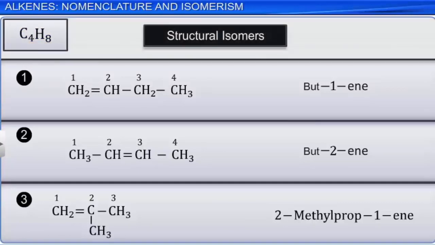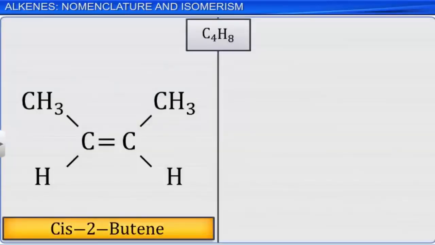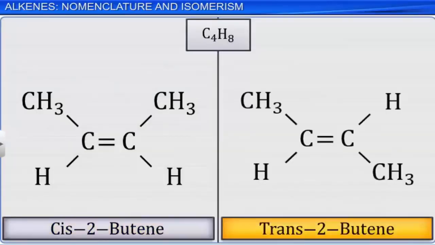In addition to this, it is observed that C4H8 shows 2 distinct spatial arrangements. They are cis-2-butene and trans-2-butene. These are called stereoisomers.